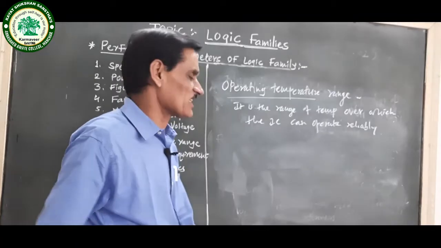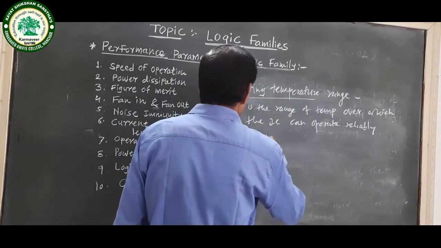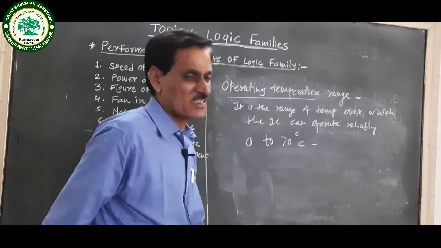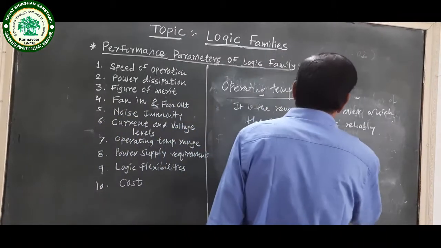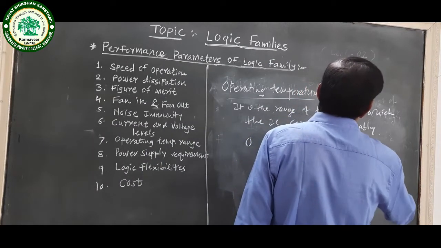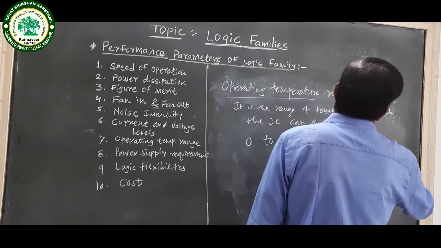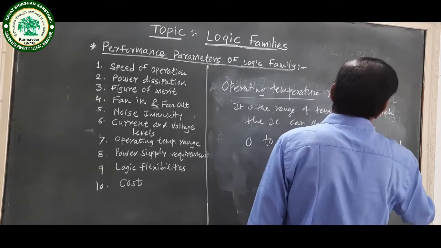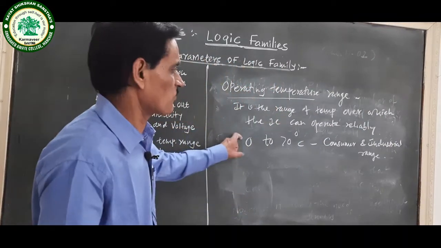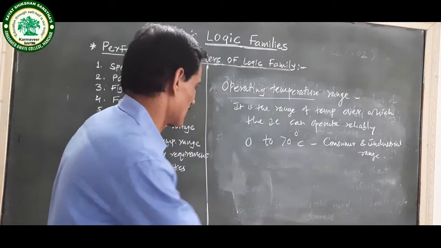Two different temperature ranges are there. Number one is 0 to 70 degrees Celsius and is known as the consumer and industrial range. Most of the time we are using ICs from the consumer and industrial range.